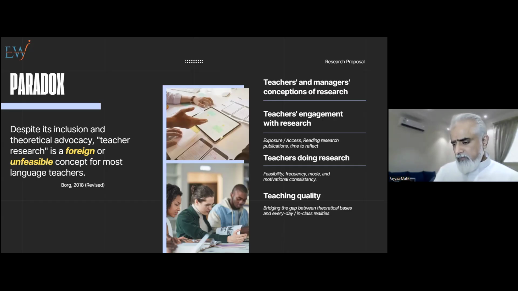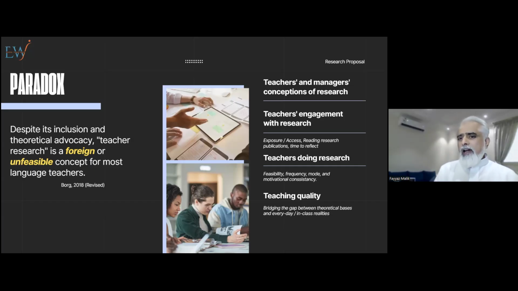Again, a teaching institute or a research institute, this division and this kind of repeated emphasis does not allow teachers to move beyond their everyday teaching responsibilities and into research.